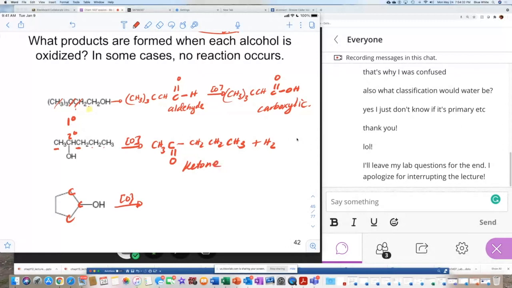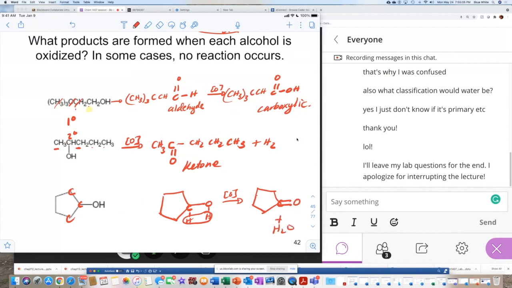And then we have one more. I have to draw this out, so I'm just going to redraw it again so we can see how this works out. Carbon here, it has an H. This O has an H. These H's go off together, and we get, with oxidation, so let me remove this from here because I just redrew it, we get this right here. Carbon double bond oxygen plus hydrogen.